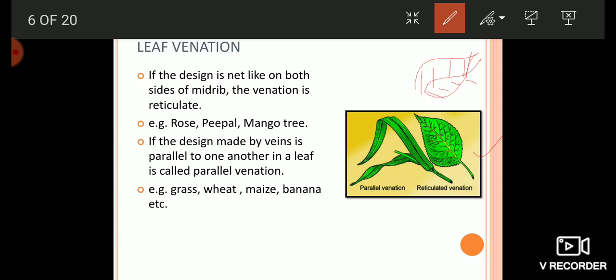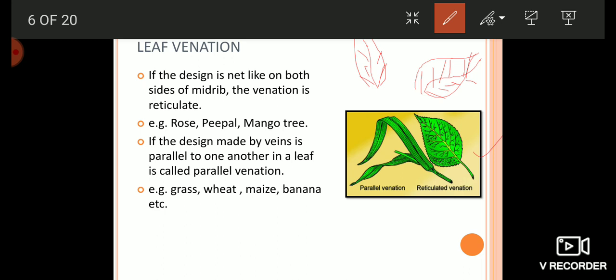So this is called the reticulate type of venation. It is found in rose, peepal tree, mango tree, hibiscus, etc.